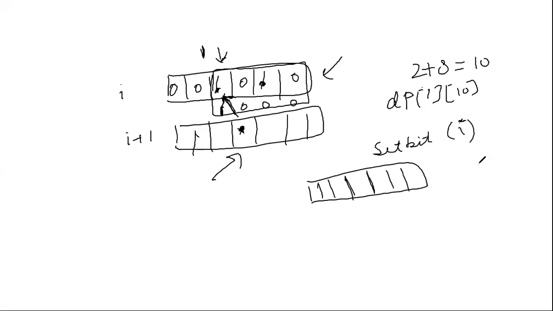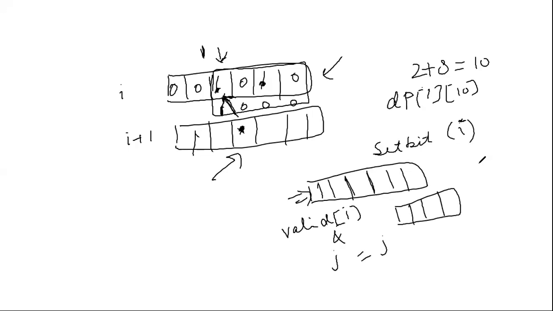Let's call it valid I, and I have created a new configuration, suppose J. If I do an AND on valid I and J, and it returns me J, what does that mean?